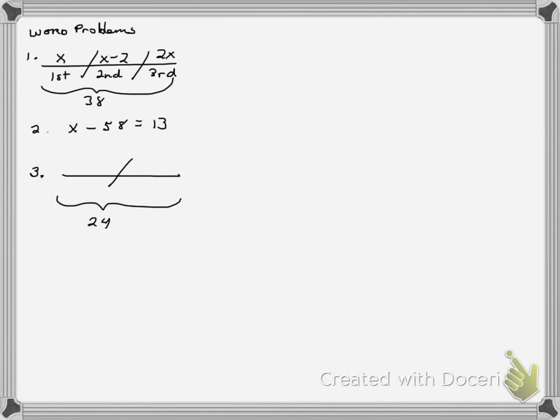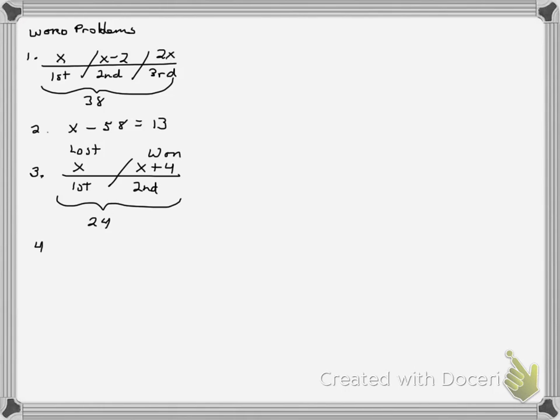It says they won 4 more than they lost. So if this is what they lost, and this is what they won, 4 more than they lost, this is x plus 4. How would you set up your equation? You would add the number lost, that's like your first group, plus your number won, and altogether that equals the number played.